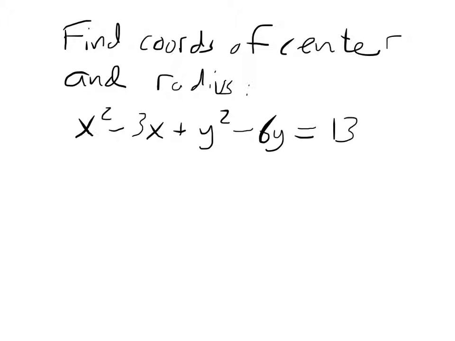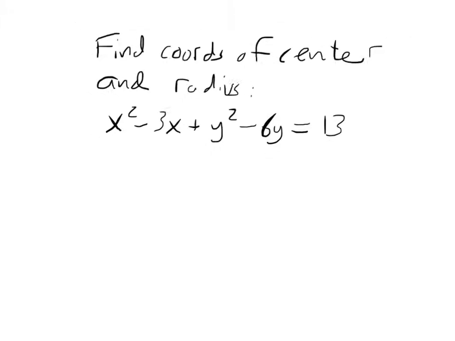I'm missing some constants on this side. What am I going to do here? Thinking back on earlier in the year, we completed the square for a different reason when we were trying to do things with parabolas, finding vertices. We're also going to complete the square here on x and complete the square on y in order to find the coordinates for the center of this circle.